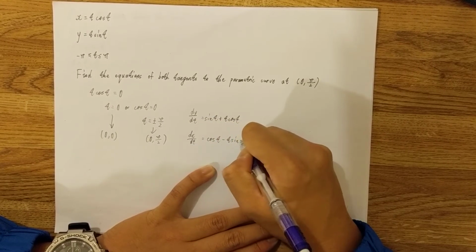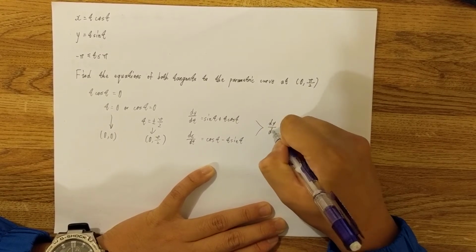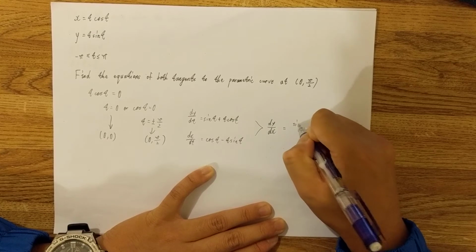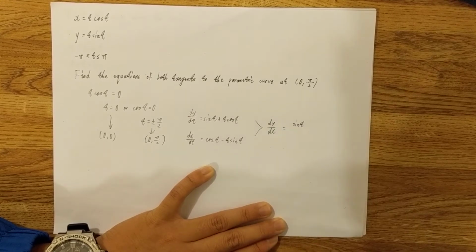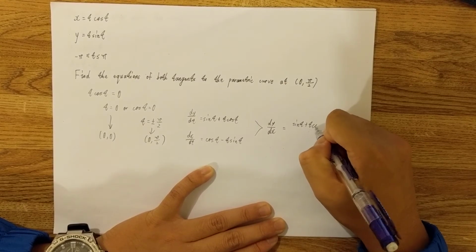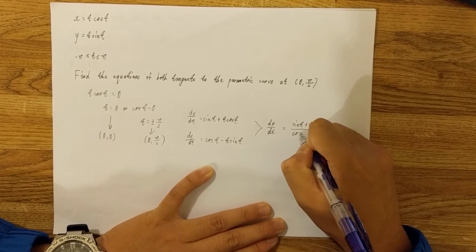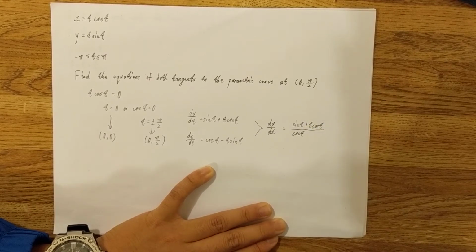Therefore we have dy dx equals sine t plus t cosine t over cosine t minus t sine t.